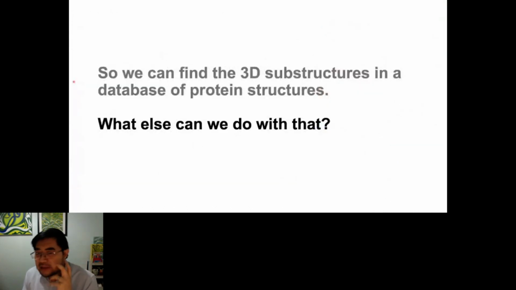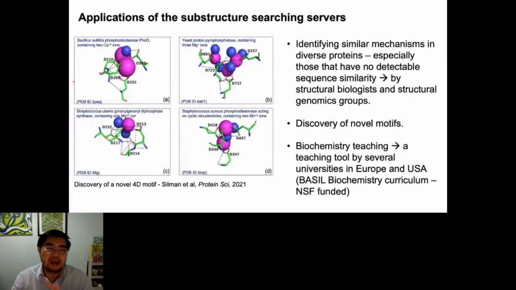So what else can we do with this capacity? One of the things that other people have been using our substructure searching service for is to identify similar mechanisms in diverse proteins, especially in cases where there is no detectable sequence similarity and no detectable fold similarity.